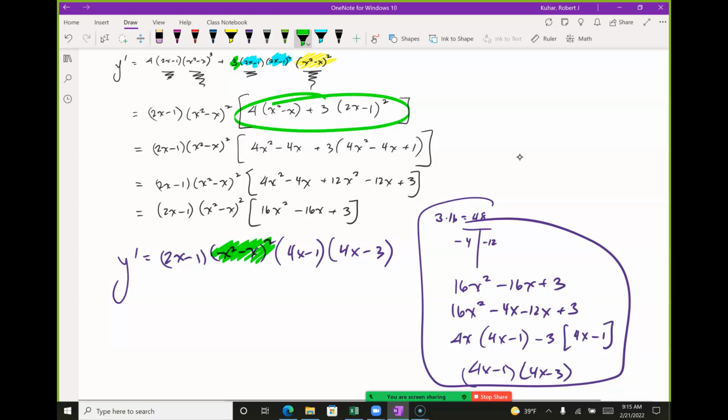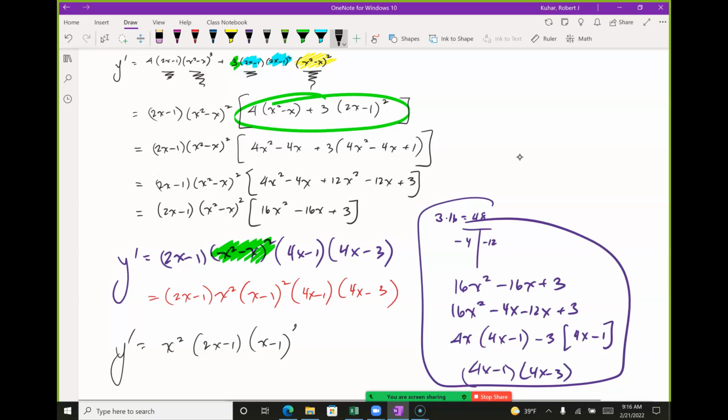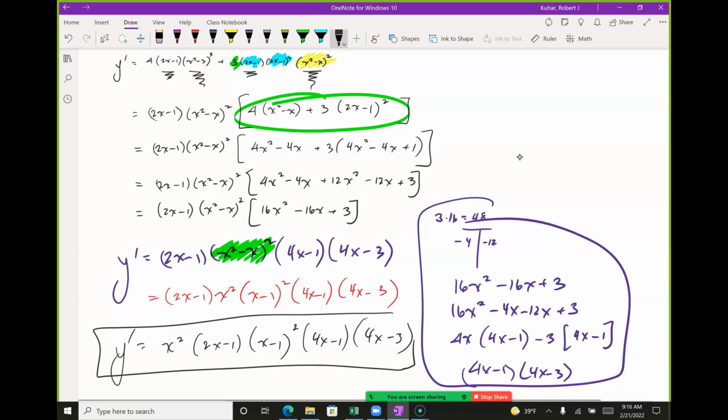Almost, though. X minus 2? No. It turns out that there's an x squared that comes out of there. And then most likely we'll write it as x squared times 2x minus 1 times x minus 1 quantity squared times 4x minus 1 times 4x minus 3. There it is. Boom.